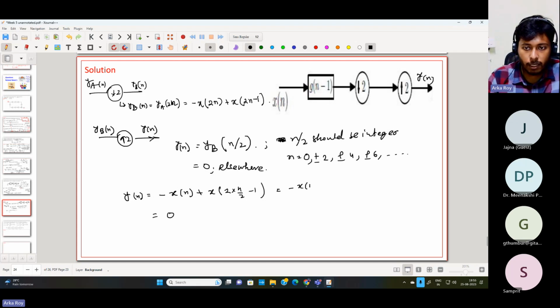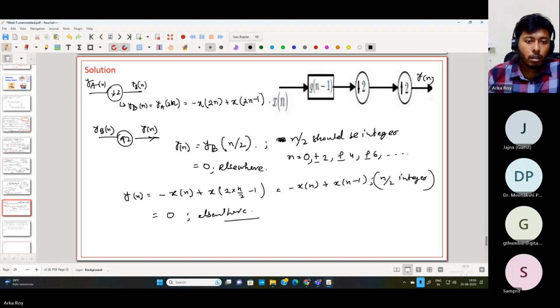So minus of x of n plus x of n minus 1, and elsewhere this is 0. So n by 2 is integer, this is the condition, and this is elsewhere. In this way, we can get the output at this particular location.